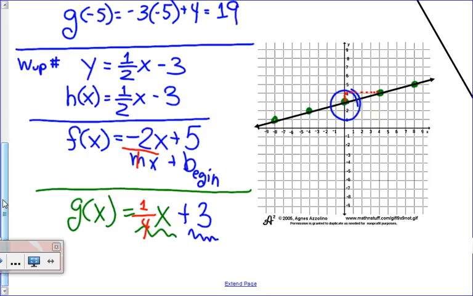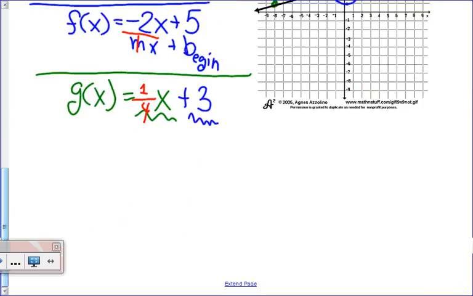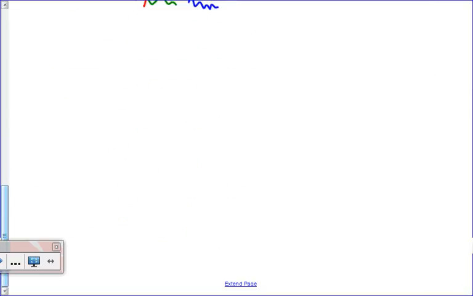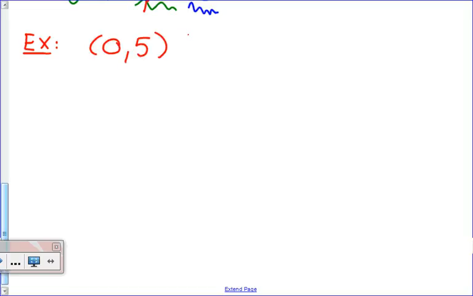Alright, last concept is exactly what we did last night, but I give you 2 points, 0, 5, and 6, 10. It's like find the equation.